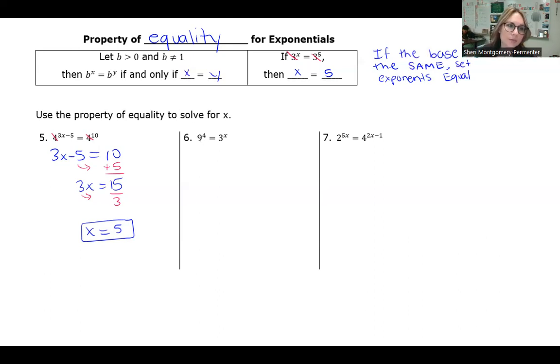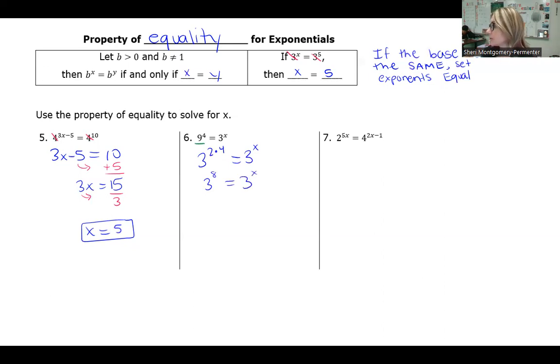So how can I rewrite 9 so that it is a base of 3? 3 squared. But there was already a 4 there. So we have to multiply those two things together. If there was something already there, you have to multiply it. 4 times 2 is 8.